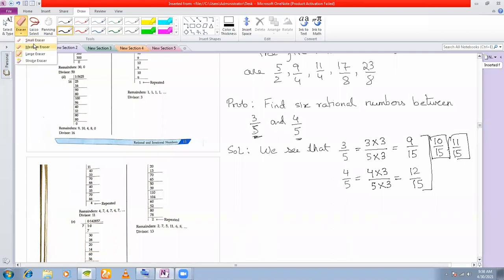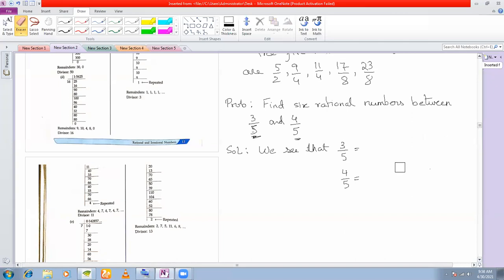So what we do is we multiply by 4 this time and check. So 3 into 4, and you have 5 into 4. Similarly here, 4 into 4 and 5 into 4.